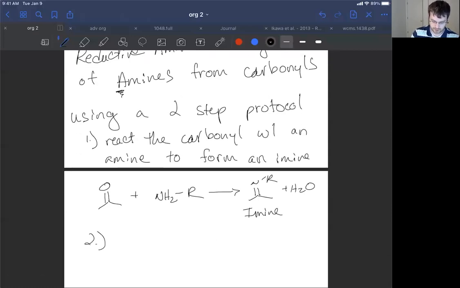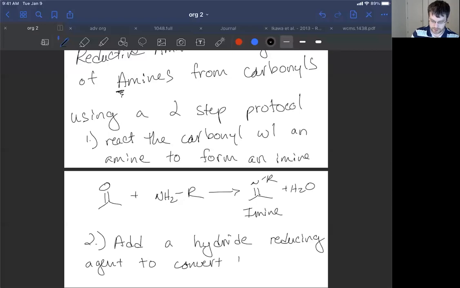Now in step 2, we're going to add a hydride reducing agent to convert the imine into an amine.